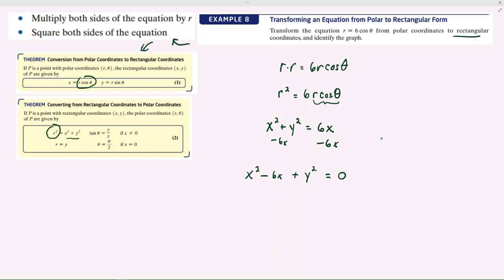Most of us are more comfortable with x minus h squared plus y minus k quantity squared equals the radius squared. So let's put this circle into the standard form for a circle. Because the general form is not really easy to recognize, but when we have standard form, we know that h, k is the center and r is the radius.